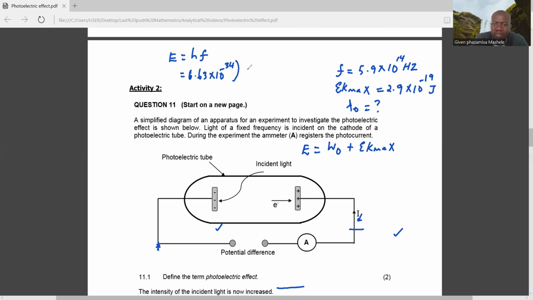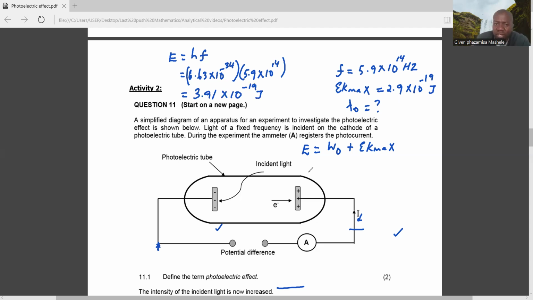Let's multiply this with the frequency of light, 5.9 times 10 to the power 14. We have to show this in your workings in your exam, but you can even substitute them. So we're going to have 6.63 times 10 to the power minus 34 multiplied by 5.9 times 10 to the power 14. This gives us the energy of photons to be 3.91 times 10 to the power negative 19 joules.